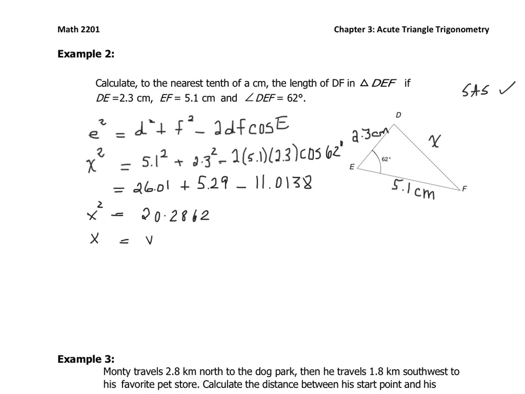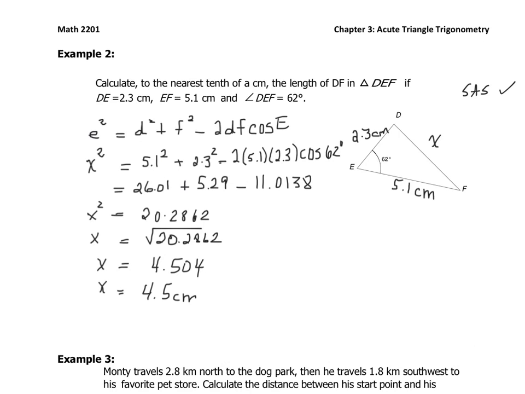So x would be the square root of that, which is 4.5, 0, 4 around there. So x to the nearest tenth would be 4.5 centimeters.